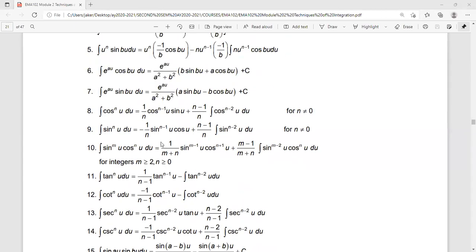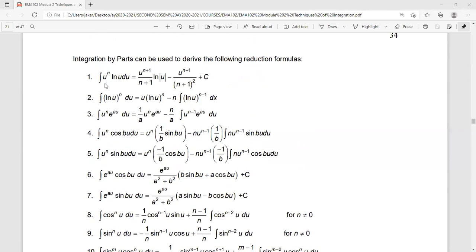So what do you have in here? For example, you are given the integral of u raised to n, ln of u du. As long as that n is a real number, this is your answer. You just have to follow the formula. If you are given the integral of ln of u raised to n du, then this is the answer for that particular integral.